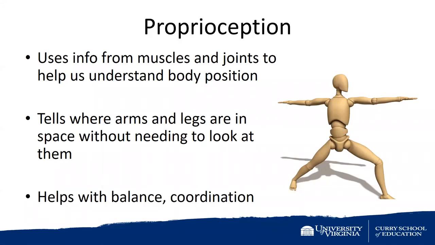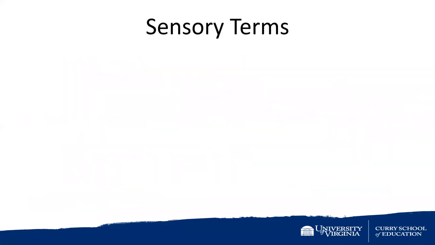And this system is really important with helping us manage our balance and coordination. So thinking about a teenager or an adult with IDD who may have difficulty with balance while moving throughout the world, it may be their proprioceptive system that's experiencing sensory difficulties.